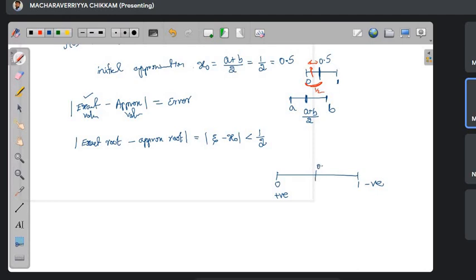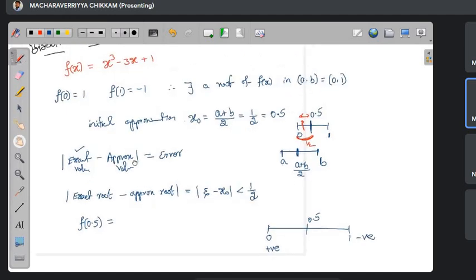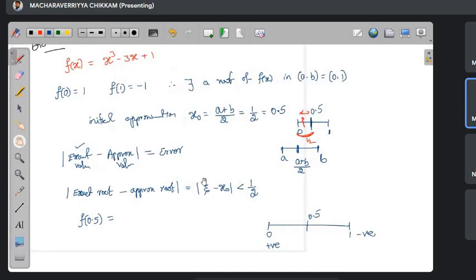At 0.5, can you tell me what is f of 0.5 here? Minus 0.375, sir. Okay, I don't need its value also. I just would like to know whether it is negative or positive. So it is negative.